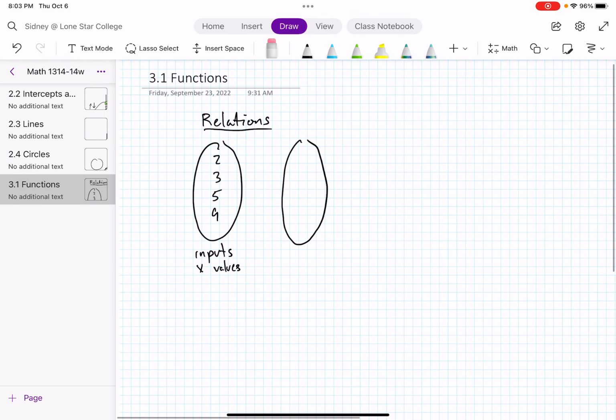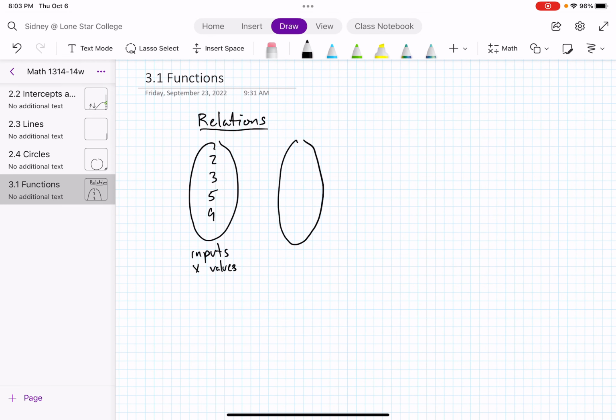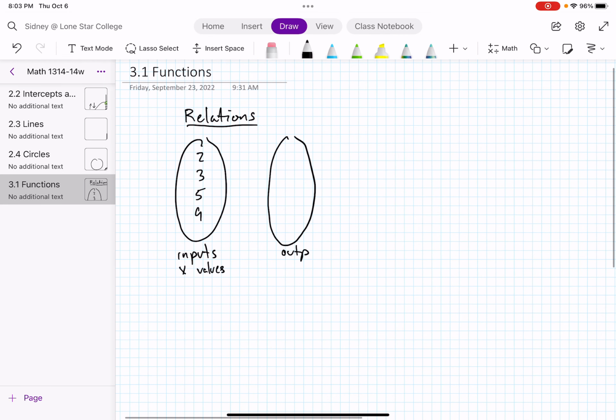And then you have your outputs, sometimes called your y values. And there's a relationship that exists between them. These are related, hence the word relation. And so there's different ways these can relate to each other.